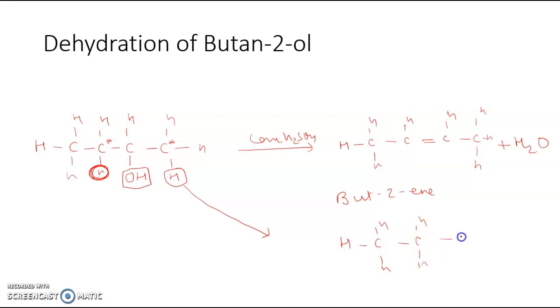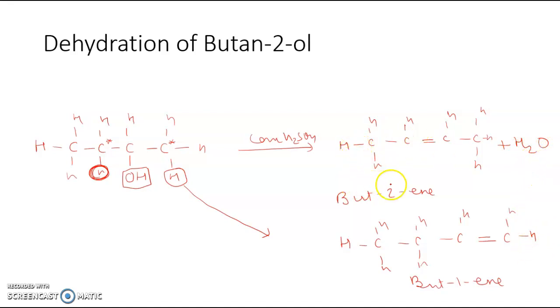If I remove the hydrogen from the first carbon, I would get the product looking like this. So this becomes but-1-ene. So you get a mixture of 2 products. Now, a very common exam question could be to show the 3 isomeric structures formed by the products of dehydration of butan-2-ol. And generally students get confused because you would think, actually, I've only got 2 isomers here.